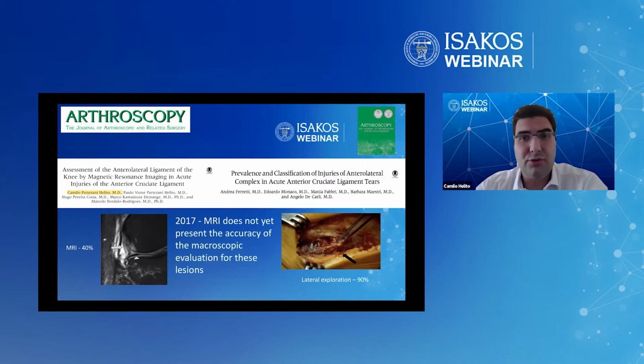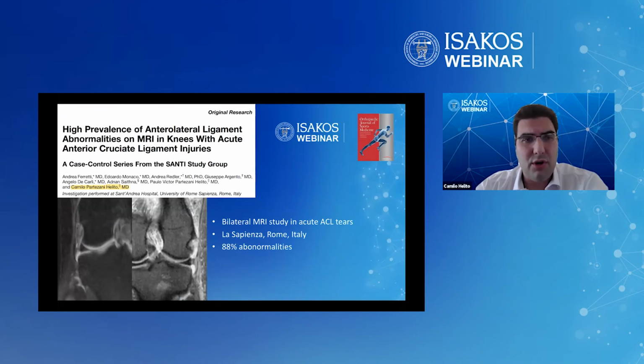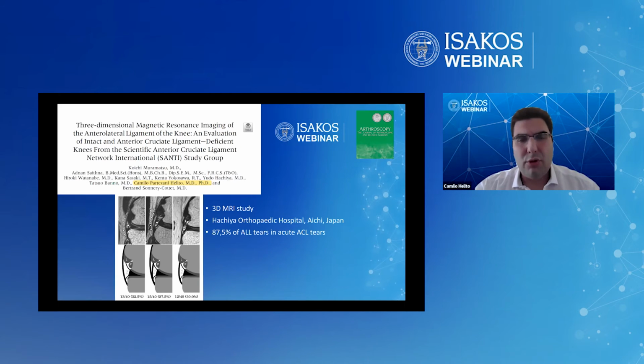So we started to do some special protocols. We did this bilateral MRI study in acute ACL tears, and by doing this, we found 88% of abnormalities when we compared the anterolateral side of the injured knee with the normal knee. And we also did this 3D MRI study in which we could show 87.5% of ALL abnormalities in acute ACL tears.